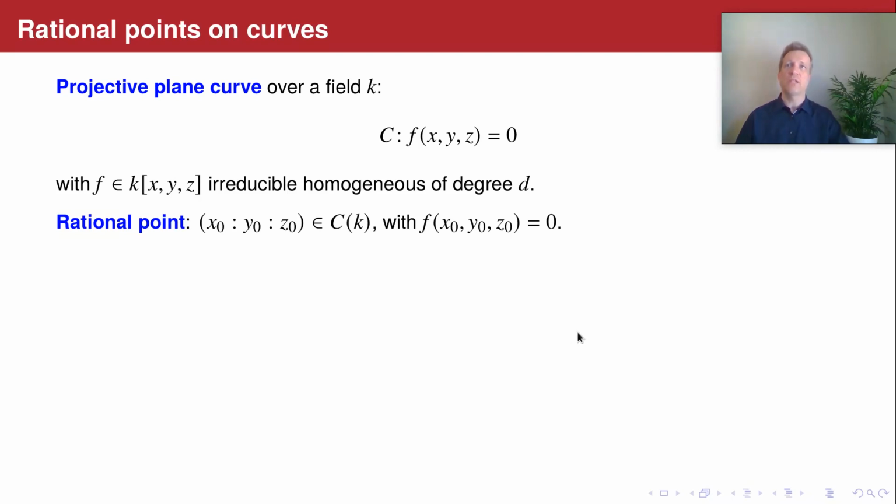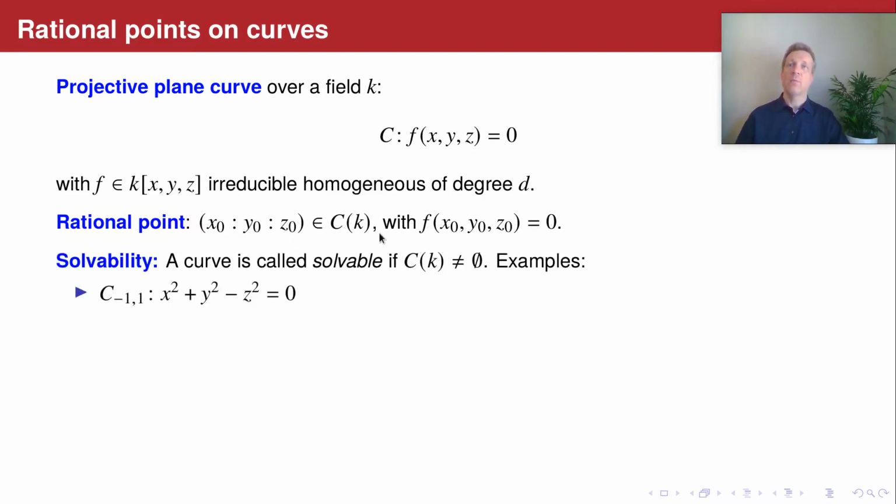In particular, for projective plane curves, which are curves given by a homogeneous degree d equation in 3 variables in the projective plane, a rational point would be a projective point for which the coordinates can be given in the base field K. And we say that a curve is solvable if it has a rational point. Otherwise, we'll call it insolvable. It's easy to give examples of either.